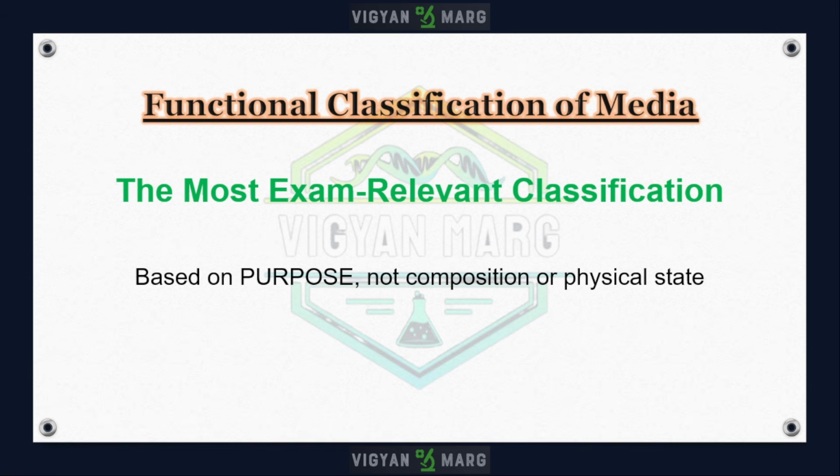Understanding this overlap is important for your viva questions or exam related aspects. In the following slides, we will know each of these functional types of media with specific examples, and we will know the specific use of these media.